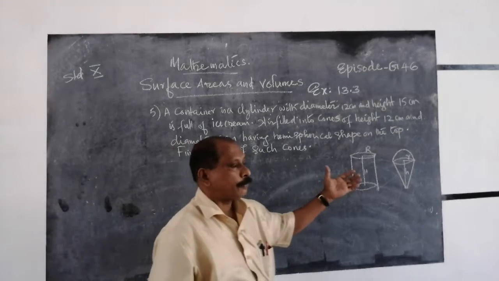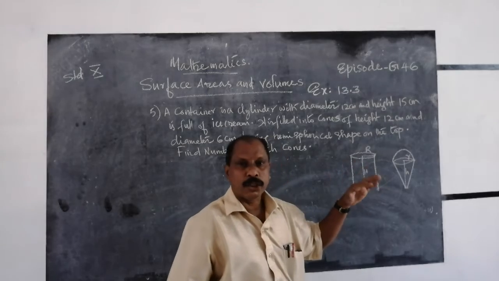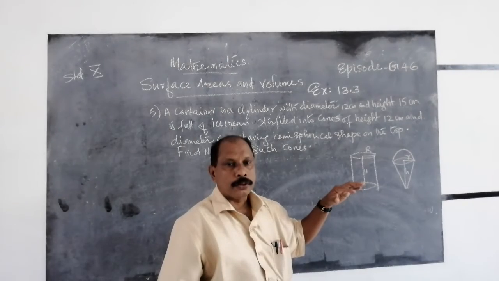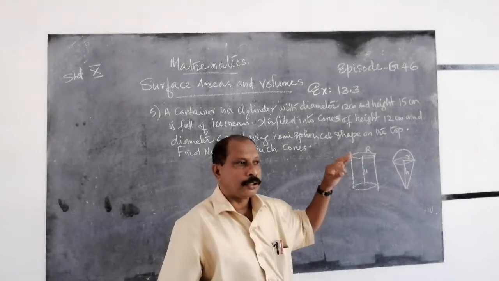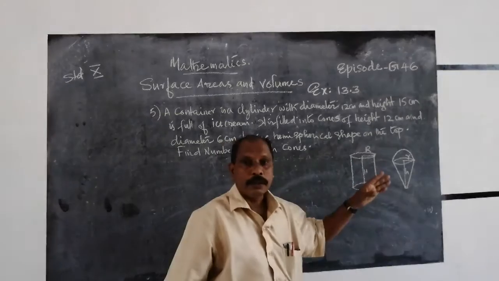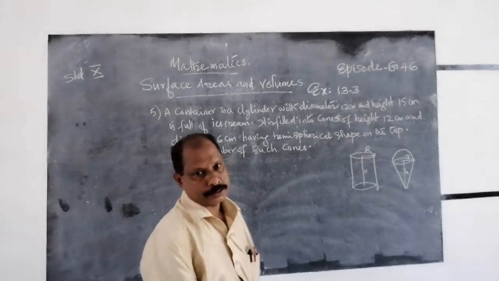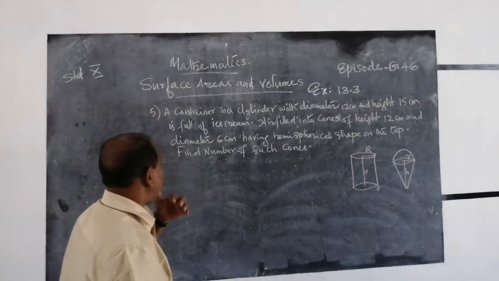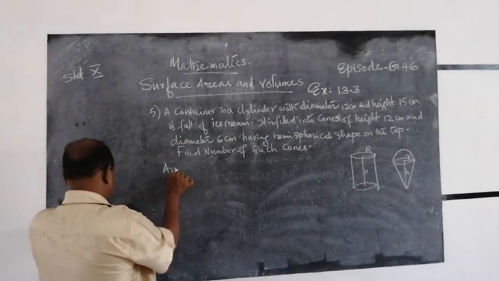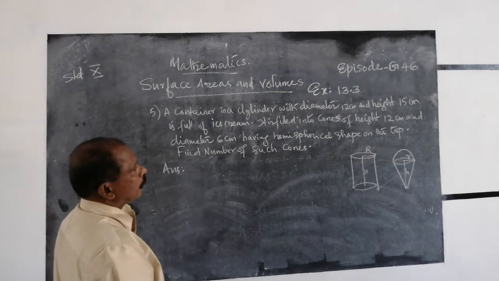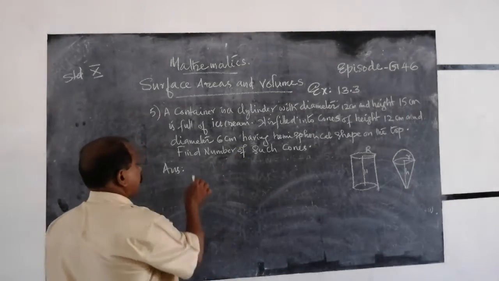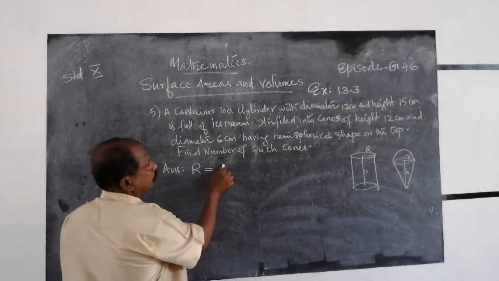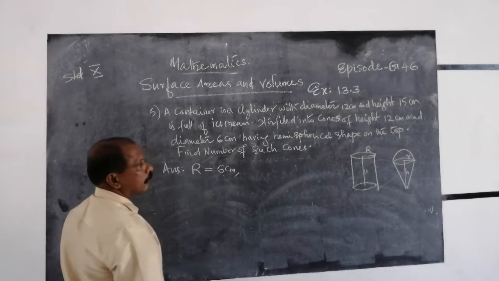That is, volume of the ice cream in the cylinder is equal to the volume of ice cream in the cones, times the number of cones. That means the answer is: the diameter is 12 centimeter, therefore capital R is equal to 6 centimeter.